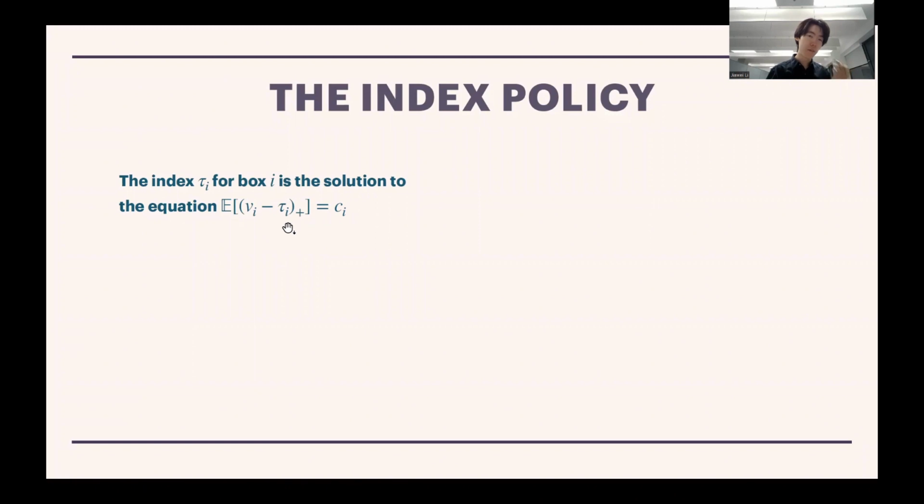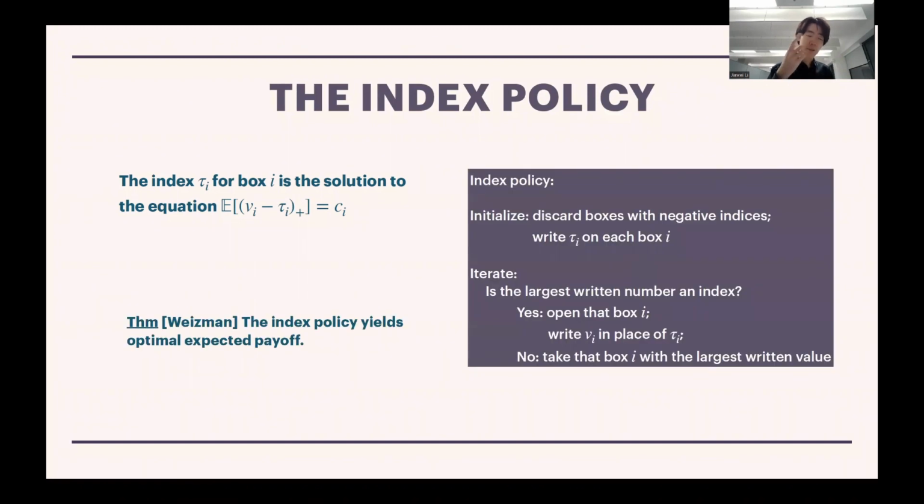But if your current max box value is greater than tau i, then your expected gain of opening this box is smaller than the search cost, so it's not profitable to open that box. So this is one way to understand this index.